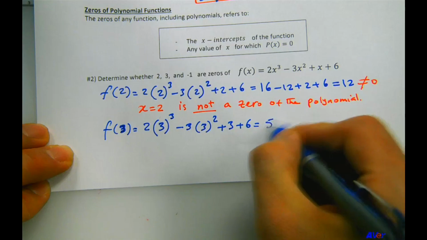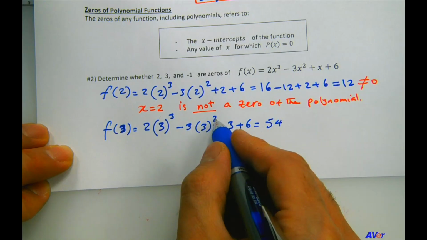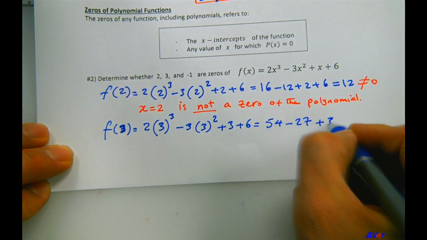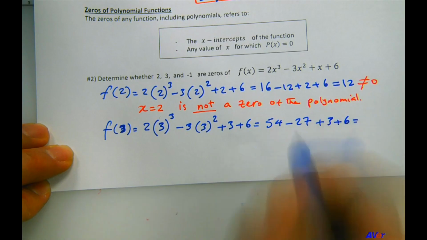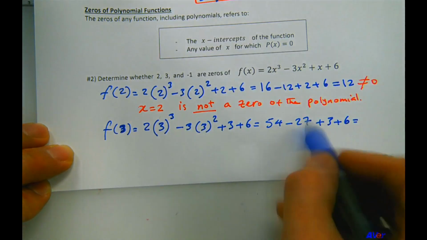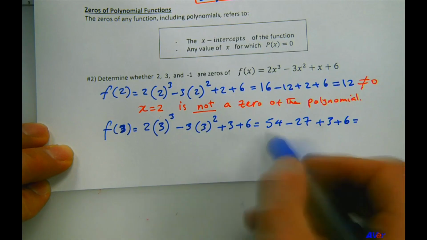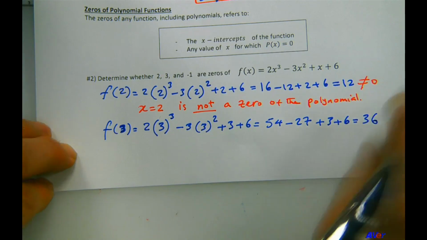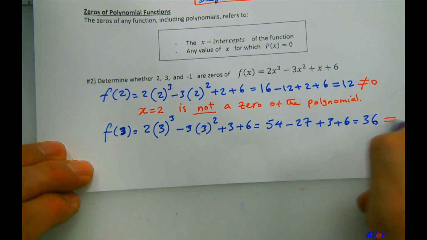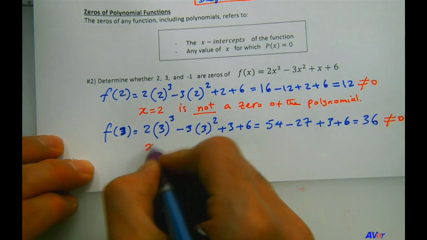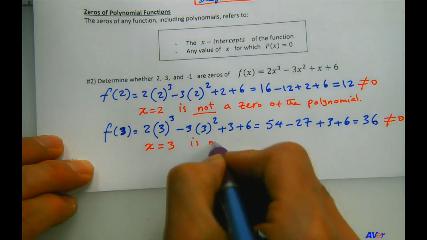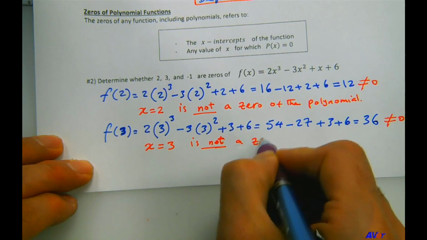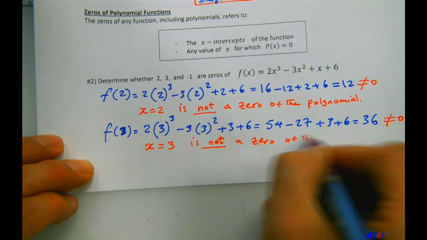So we have 54 here. 3 squared is 9. 9 times minus 3 is minus 27, plus 3, plus 6, right? Clearly, this isn't equal to 0, because 54 minus 27 is positive 27, plus 3 is 30, plus 6 is 36. So once again, 36 is not equal to 0. So x equals 3 is not a zero of the polynomial.